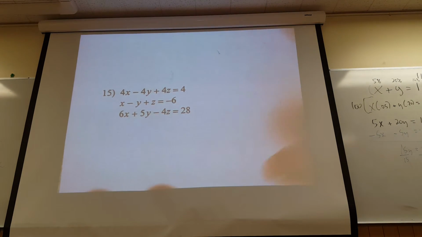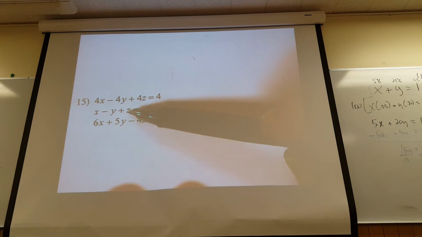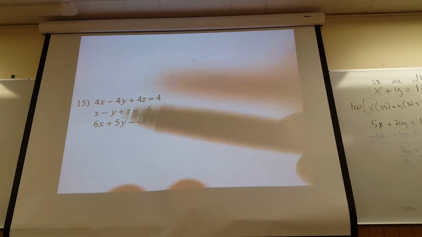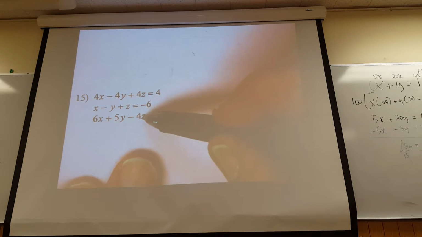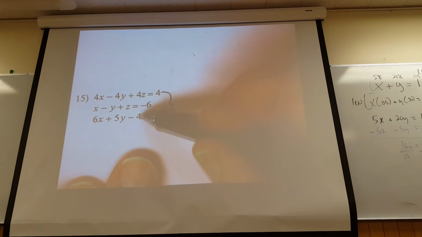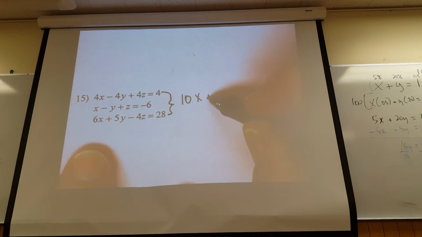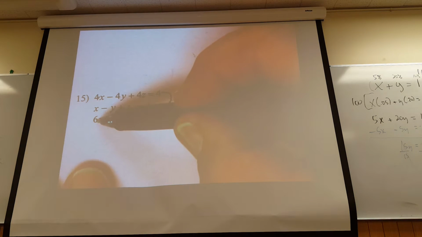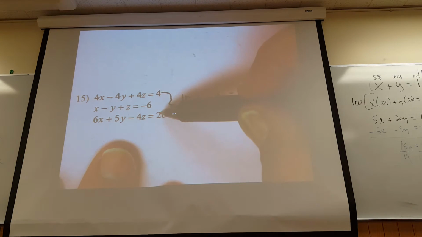The 15th problem, okay? Now, since these are all single, it sort of is easy to get rid of, but notice that I have a 4z and negative 4z here. So if I add these two together right here, the z's go out. So that would be 10x plus y equals 32. So I have 4 plus 6, negative 4 plus 5, the z's go out, and then 4 and 32.